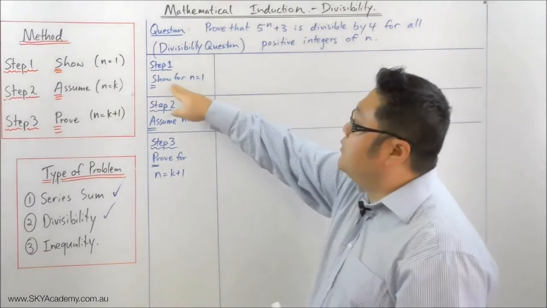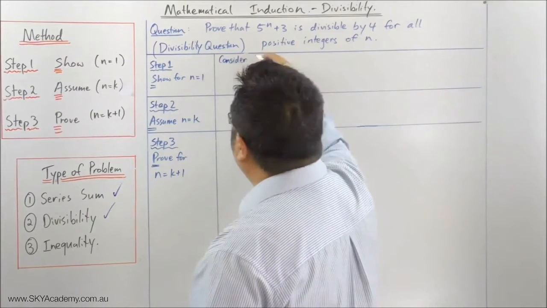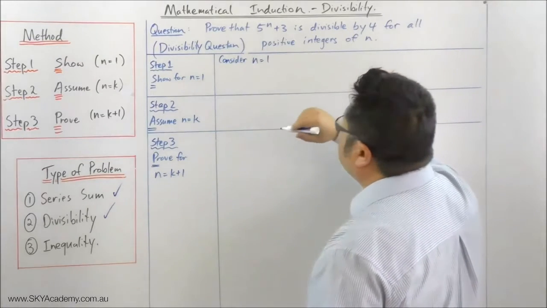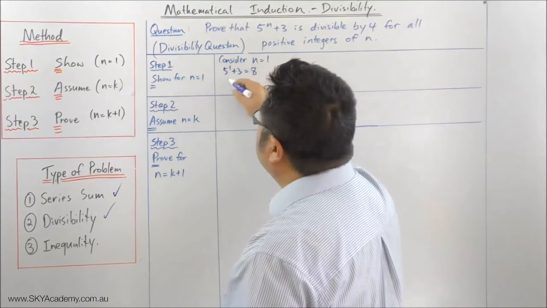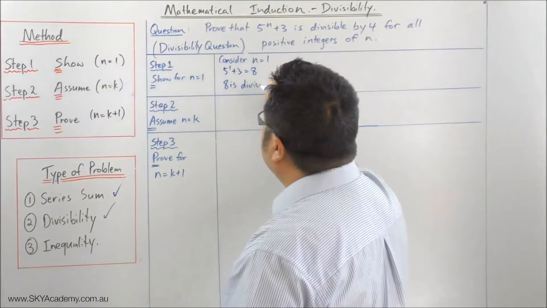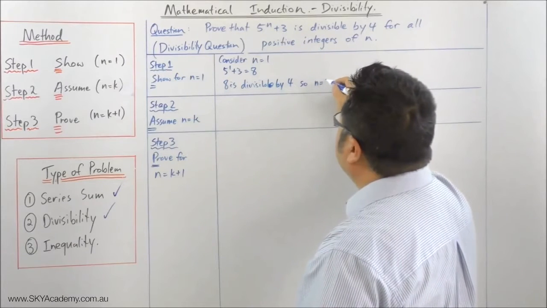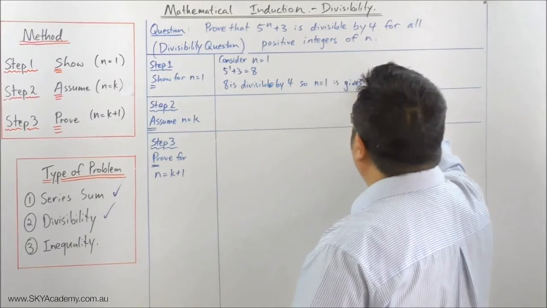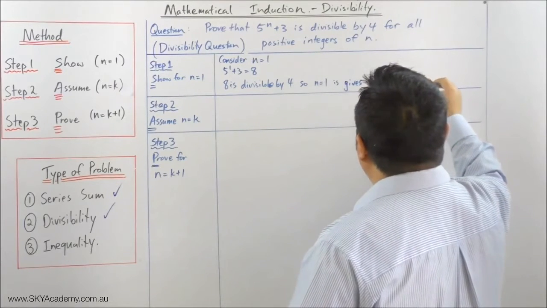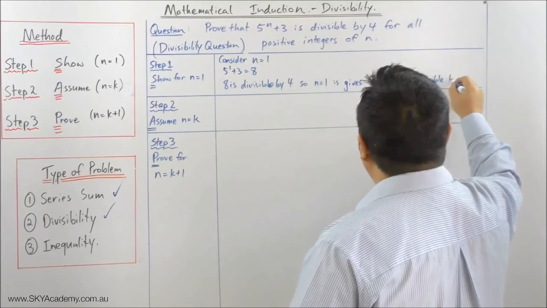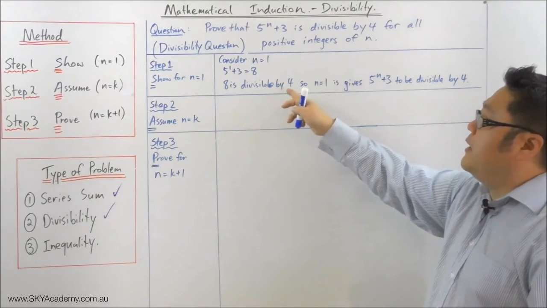First of all, show for n is equal to 1. Consider n is equal to 1. You've got 5 to the power of 1 plus 3 equals 8. 8 is divisible by 4.